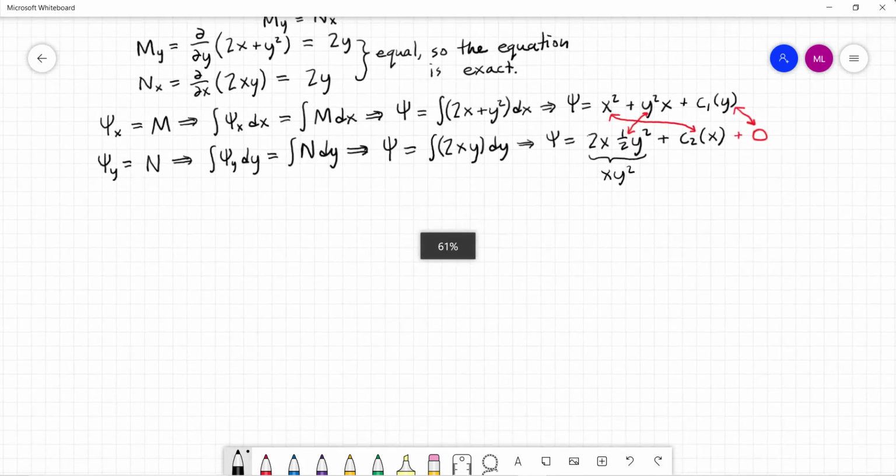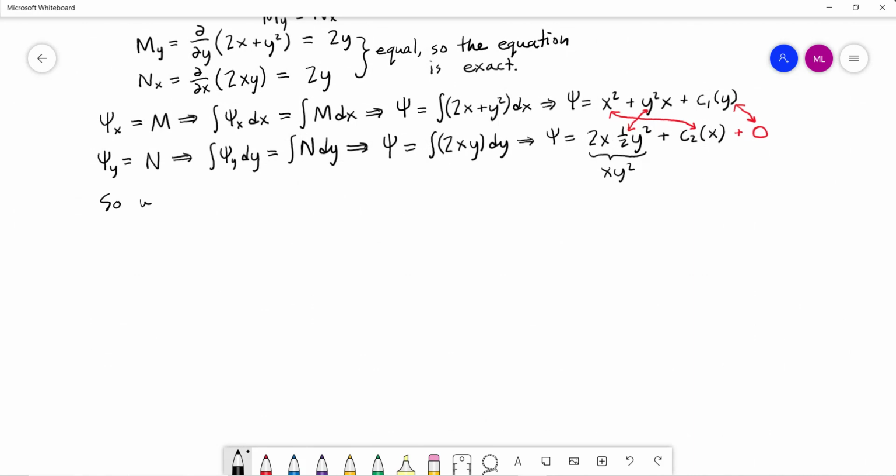So we've got to put the pieces together. Looking at this, we find that our function psi is equal to, we said it has an xy squared term that showed up in both, and it also has this x squared term, so it must be x squared plus xy squared. And it could have some other constant, but again, we can always leave off that additional constant because the solution is going to be psi equals a constant, and I could always take the constant from the left-hand side and roll it over into the right-hand side.